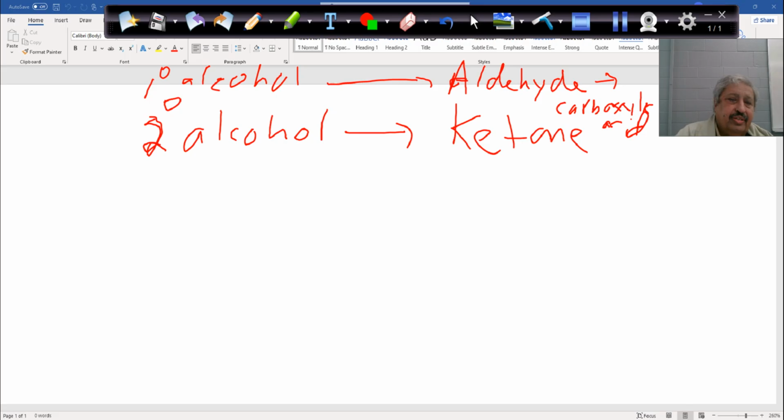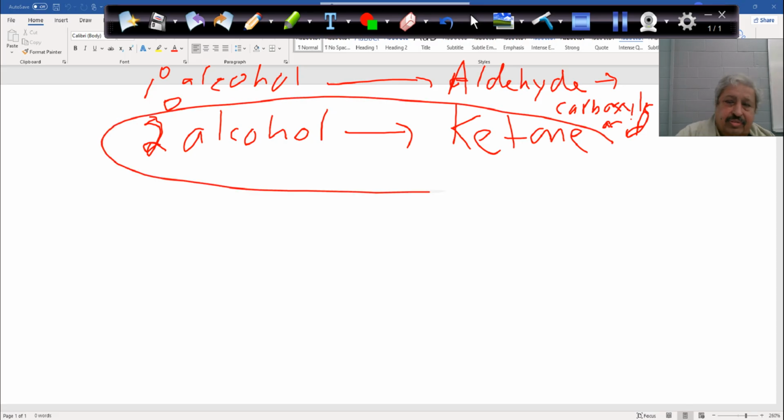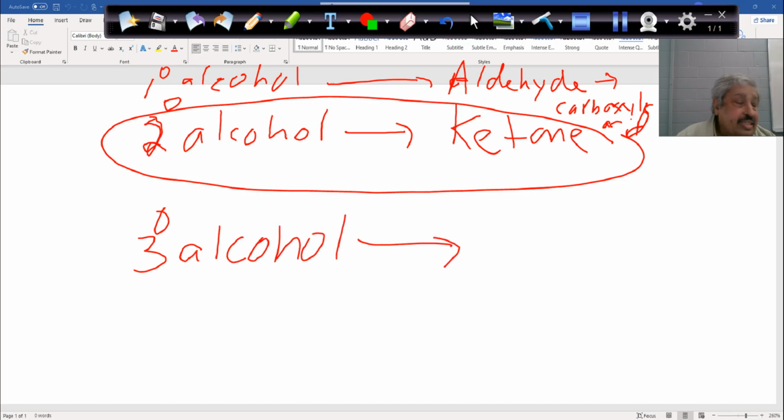Okay, guys, the secondary alcohol gives you ketones. The tertiary alcohol, that's not in your PowerPoint. Watch out. I don't know why, but at least you have to be careful about this. So, using permanganate or hydrogen peroxide, this is no reaction.